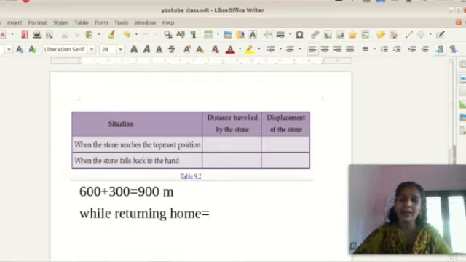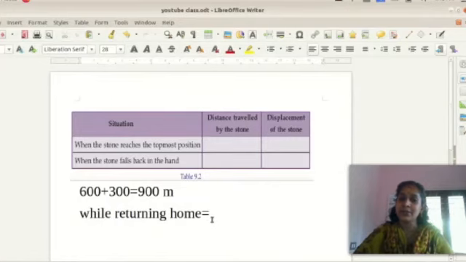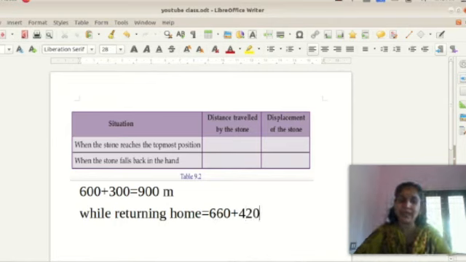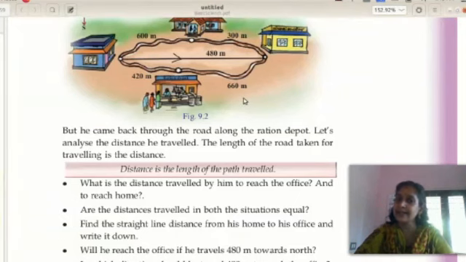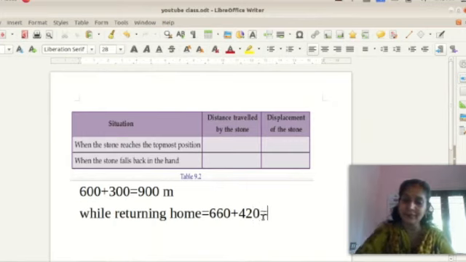That time he travelled how much distance? 660 plus 420 meters is equal to 1080 meters, isn't it?